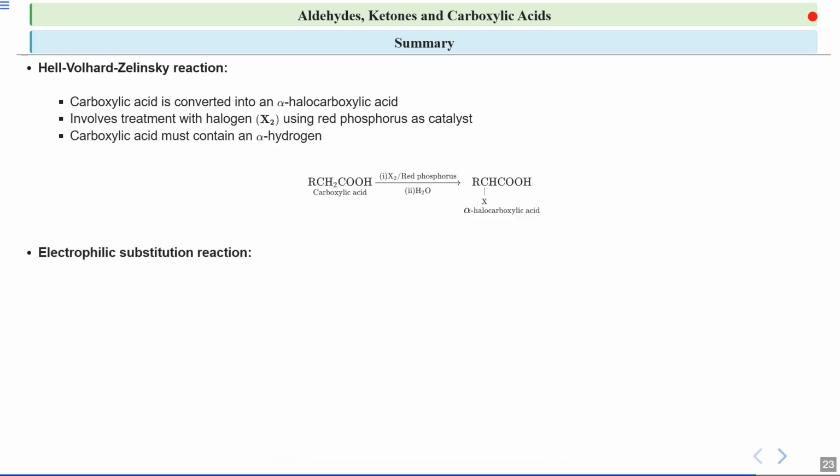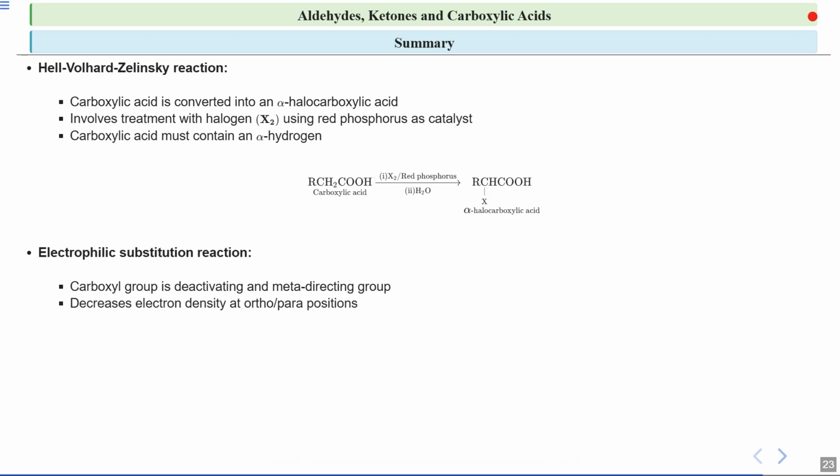Next, we talked about electrophilic substitution reactions. We saw that the carboxyl group is both a deactivating and a meta-directing group. A deactivating group makes the benzene less reactive towards electrophiles. The carboxyl group pulls the electron density away from the ring, especially at the ortho and para positions, making these positions less likely to react.